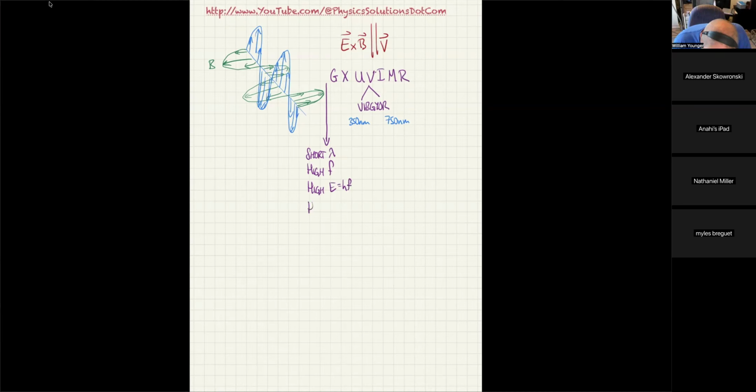And it's also associated with high temperature, and that's from Wien's law. So that's why the temperature is high at this end. The other end, on the other hand, is long wavelength. It is low frequency. It is low energy. And it is low temperature.